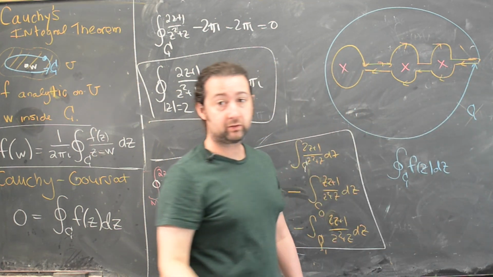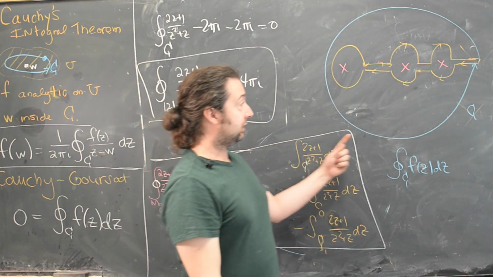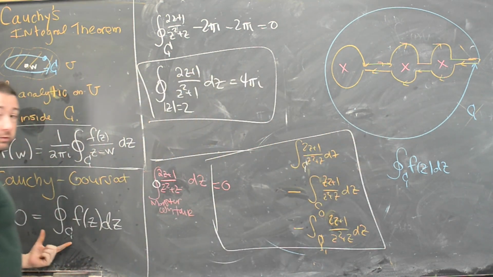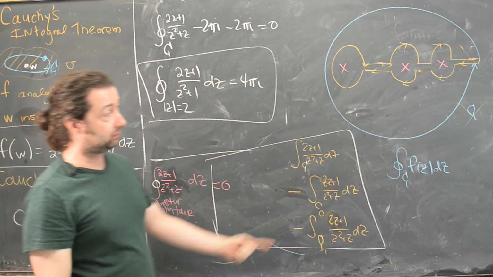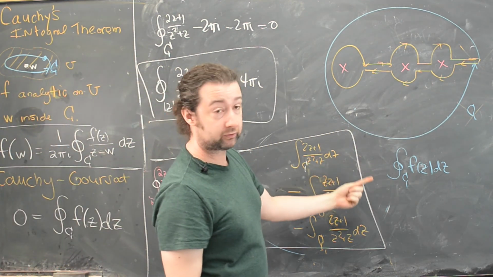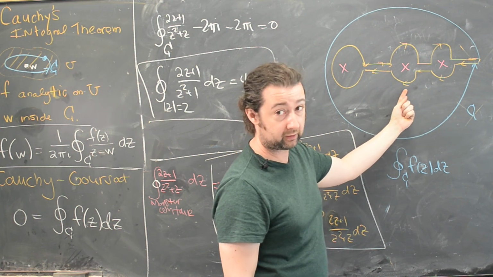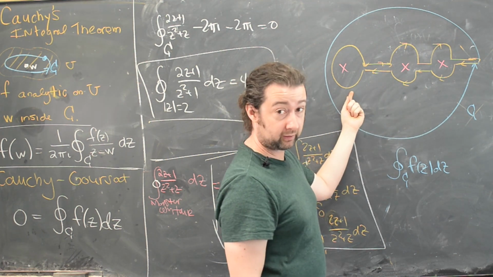And the same trick is going to apply. When you take the interior of this, which is simply connected, you can apply the Cauchy-Goursat theorem, which is going to tell you that the integral on C is going to be equal to the integral around this asymptote plus the integral around a contour around that asymptote plus an integral around that asymptote.